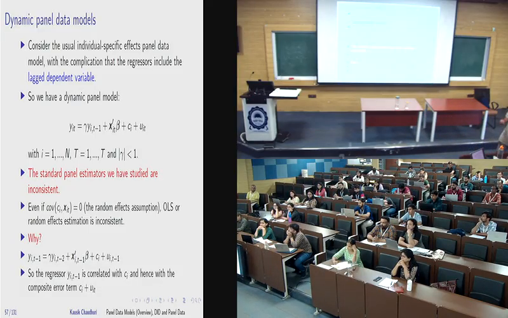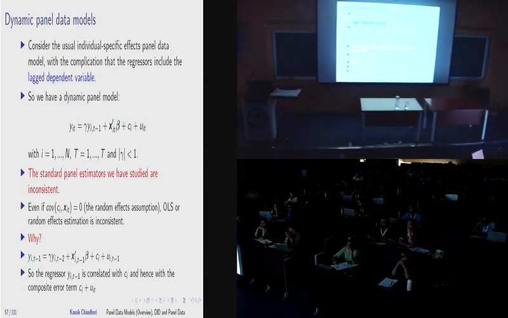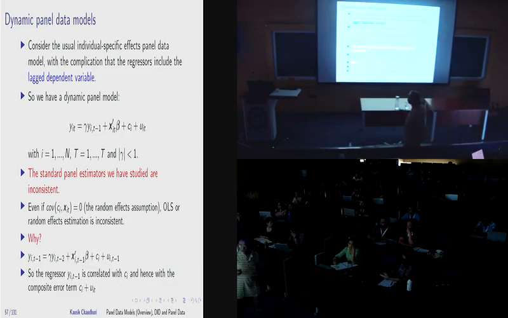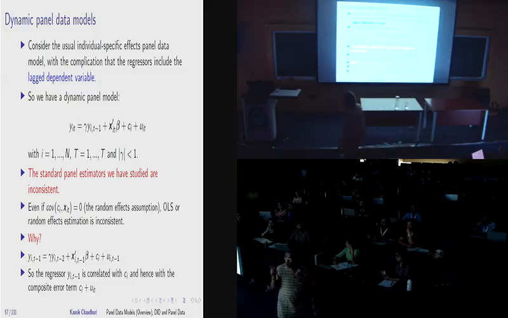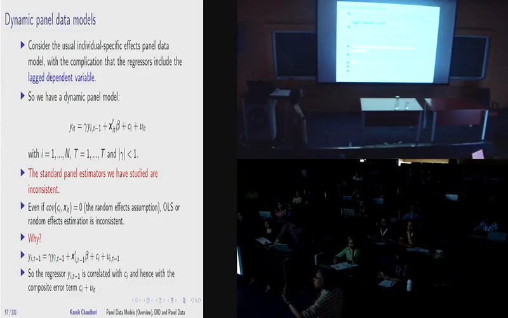So given that, what happens? Shall I continue? Yes. Okay. So the standard panel estimators we have studied are going to be inconsistent. Why? The question is that suppose I have covariance of c_i and X_it equal to 0.